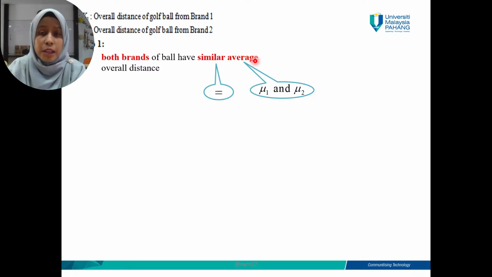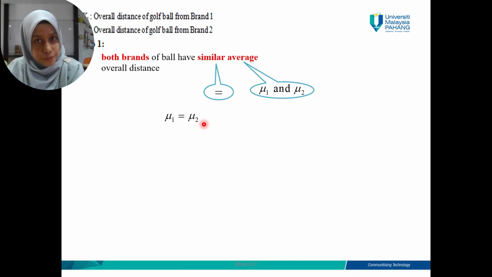And from the word average, you know that this involves the population mean. Since it mentions both brands, there should be two population means, one for brand 1 and another for brand 2. So I can construct my statistical notation: mu1 equals mu2. Then let's move mu2 to the left hand side, so you get mu1 minus mu2 equals 0.